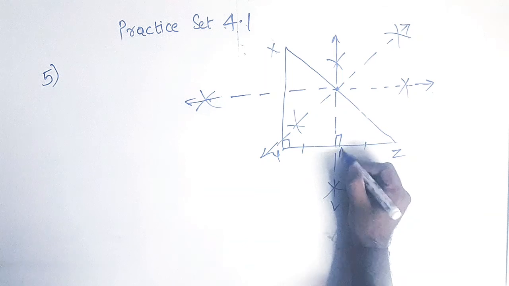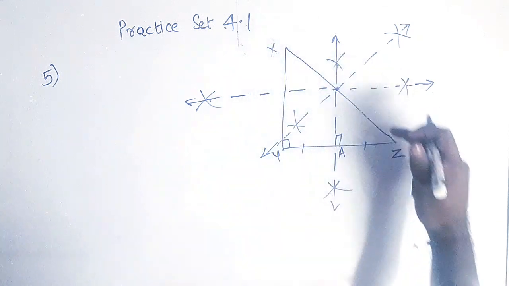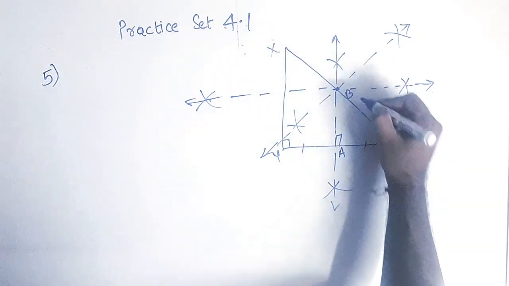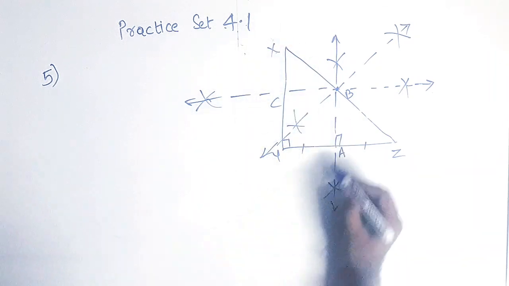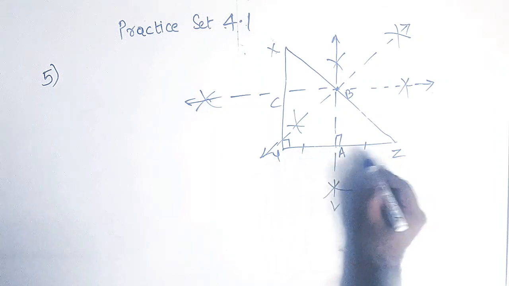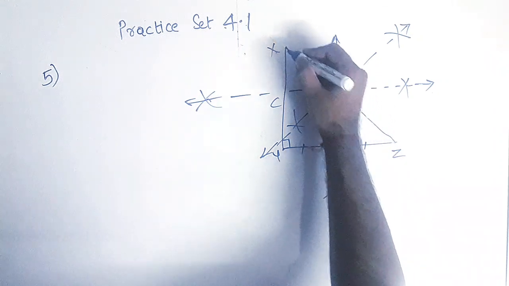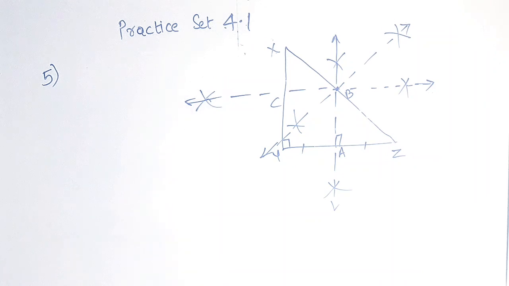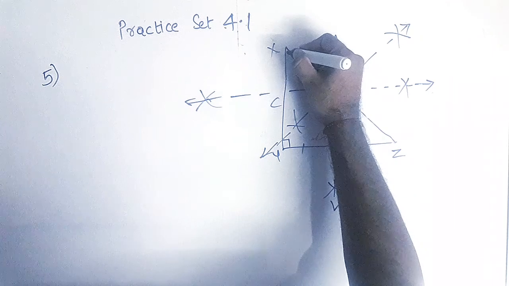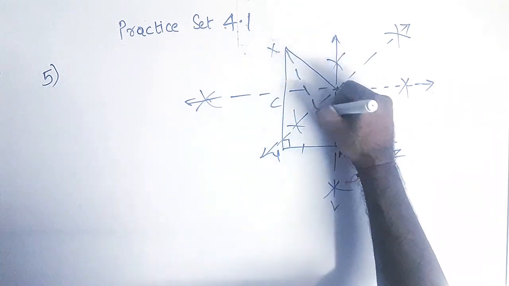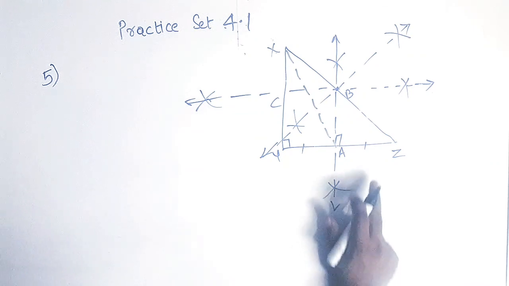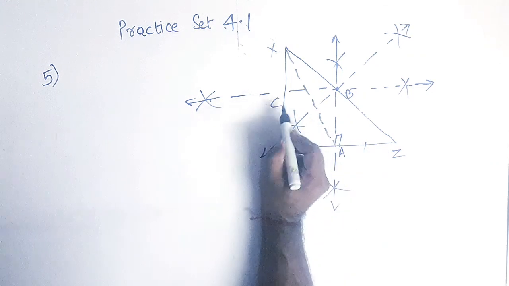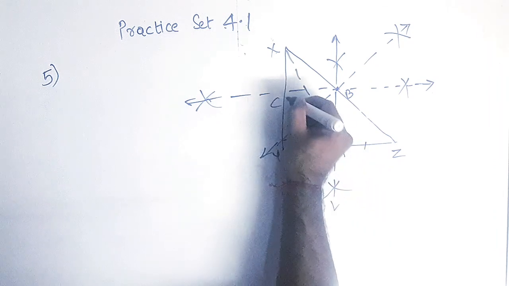YZ midpoint we got, say A, XZ midpoint we got, say B, and XY midpoint we got, say C. A lies on YZ, so the opposite vertex we will join this. Let me take another marker. This is XA. So this is one of the medians. Then you have ZC. C is the midpoint, so you can see.